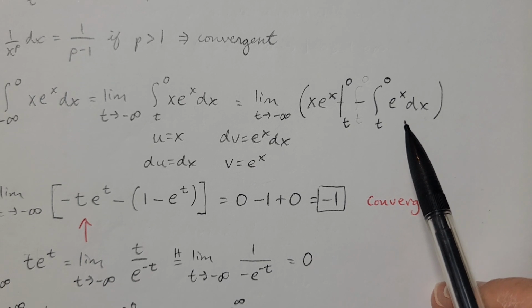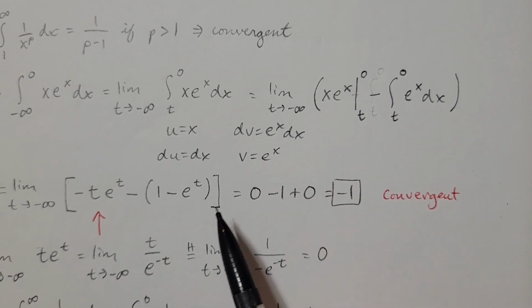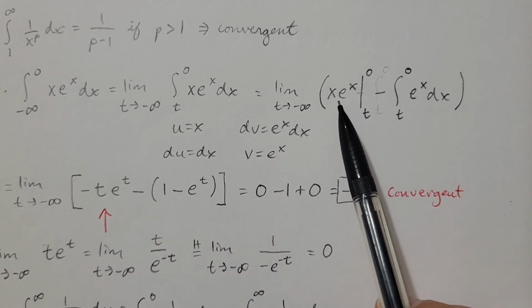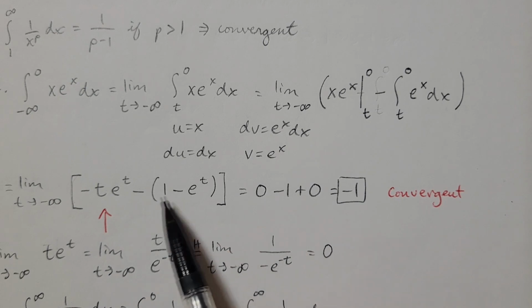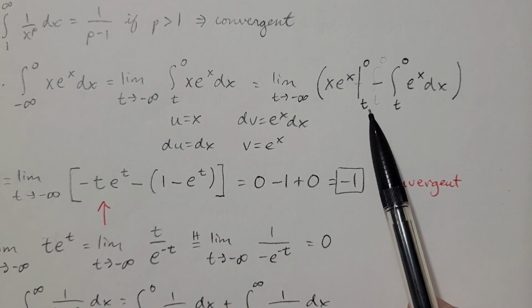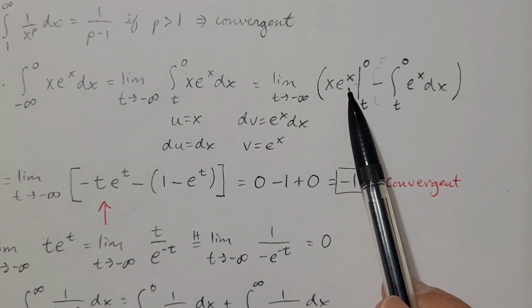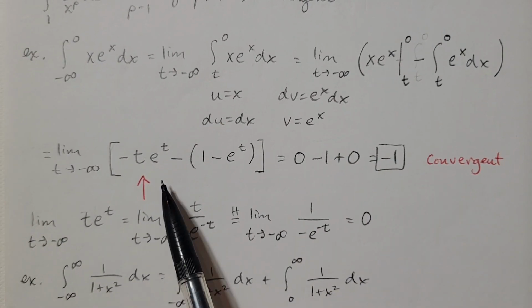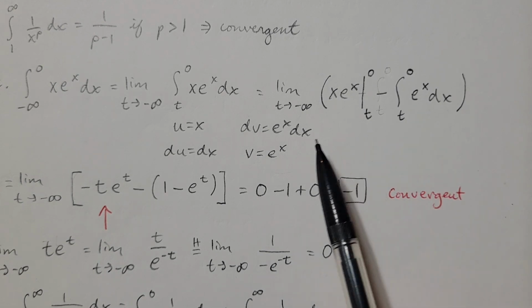And so then the next thing I'm doing is I'm plugging in the bounds. So when I plug in 0, I'm going to have 0 on this guy right here, minus when I plug in t, I'll have a minus t times e to the t, okay, and then minus the antiderivative of e to the x itself, e to the x.